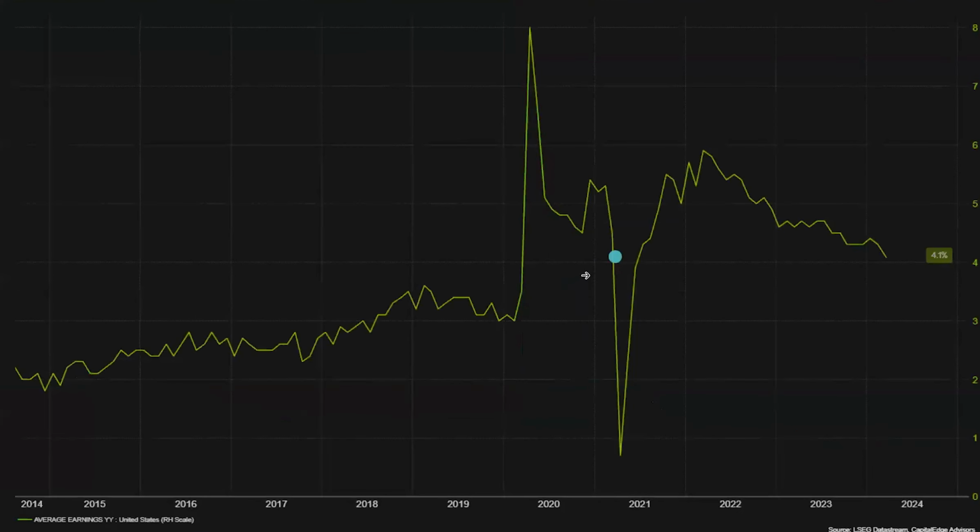Furthermore, in terms of earnings, we saw that year-over-year earnings prior was sitting at 4.1. And importantly, this was also the previous cycle low. So we knew that anything below that would have already been a new cycle low. But there was something else here. Look how close we were to that 4% level.